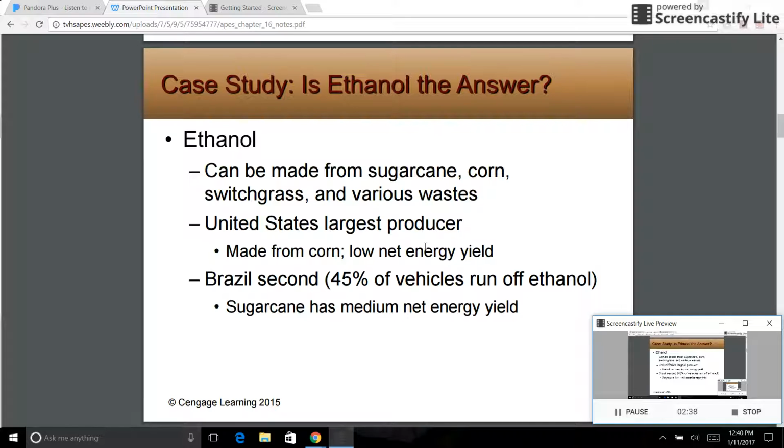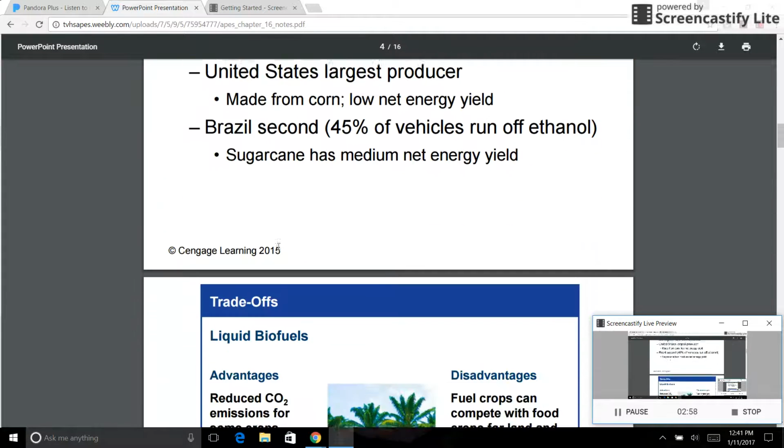Brazil is the second largest producer, but has a much higher percentage of their vehicles that actually run off of ethanol. I know this one says 45% here. It's probably now 50%. And they have a goal. I don't remember off the top of my head, but I know that they have a goal of a certain number of vehicles running off of ethanol in their future.